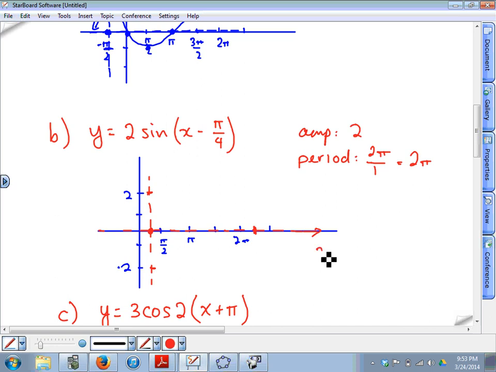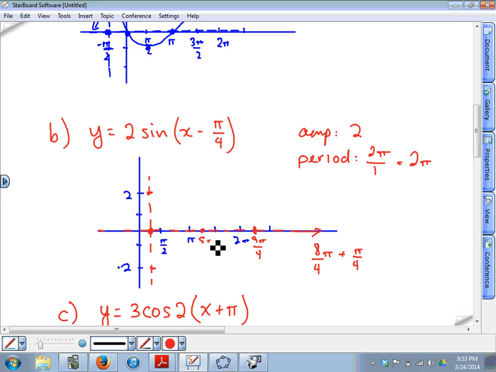So all you've got to figure out is what is 2 pi plus, moving it to the right, pi fourths. So if we get a common denominator, 2 pi is going to be 8 pi fourths. So 8 pi fourths plus another pi fourths is 9 pi fourths. Now, normally, the middle point of the period, if the period is 2 pi, would be 1 pi, but everything, remember, has been shifted over by a factor of pi fourths.